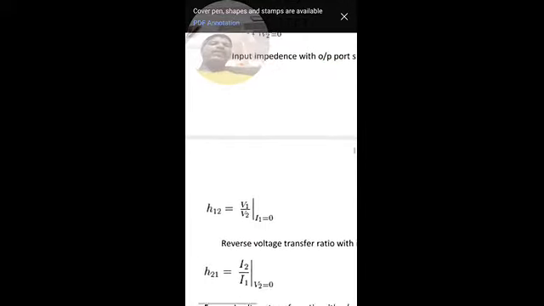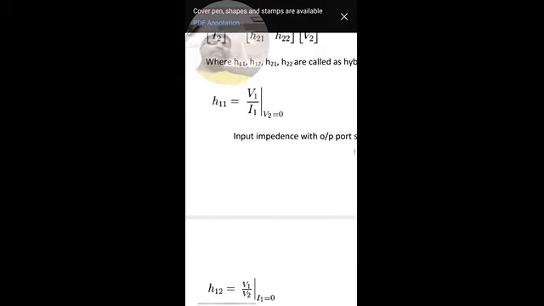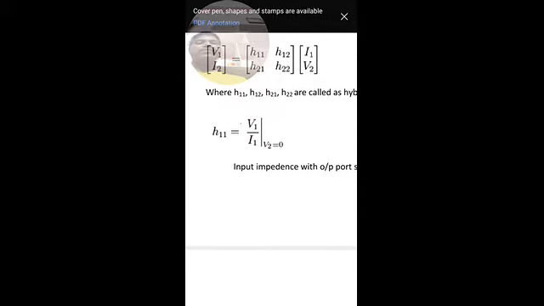Similarly, we can find the equation for H12.